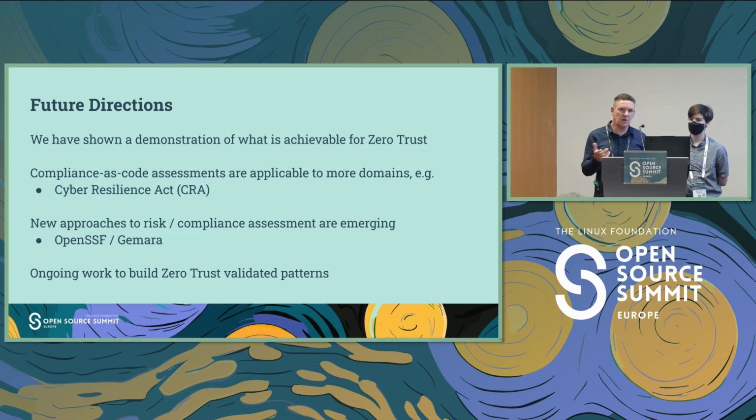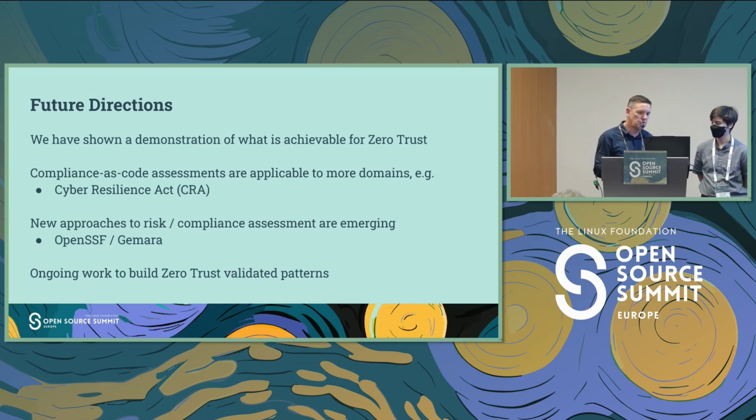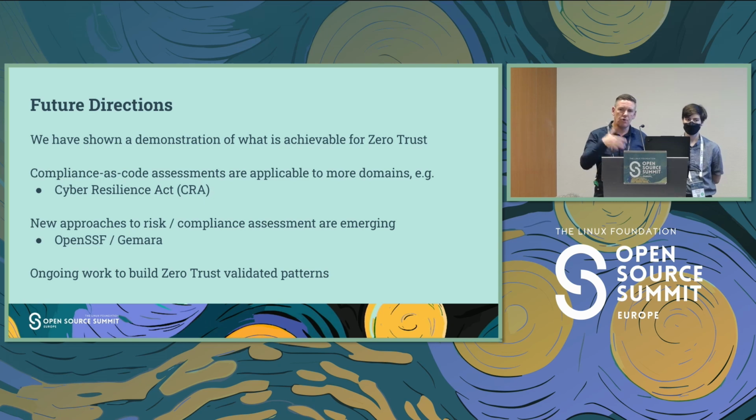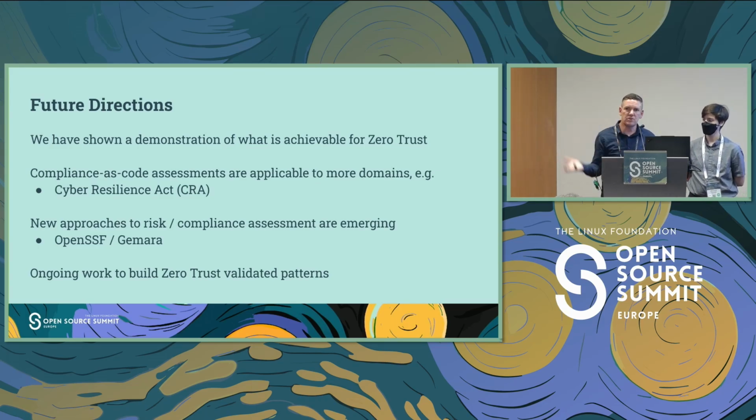And there's also emerging new approaches to risk and compliance, which we'll want to adapt to as well. So, for example, OpenSSF has a project called Gemara, where it's a much more risk assessment-based approach to choosing what things to implement in your cluster to meet zero trust, rather than the controls-based approach and profile-based approach, where regulatory regimes say you must do all of this to achieve a moderate level security baseline in your cluster, whereas some of the things in that might not be in your risk profile, so why waste time doing them?